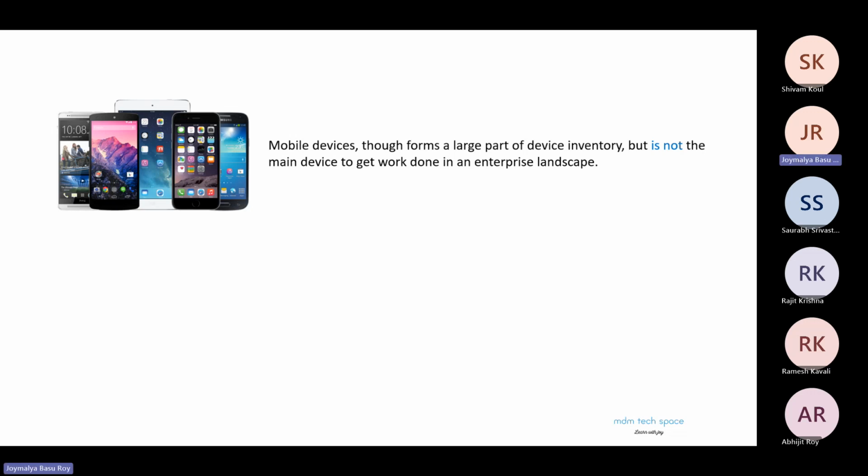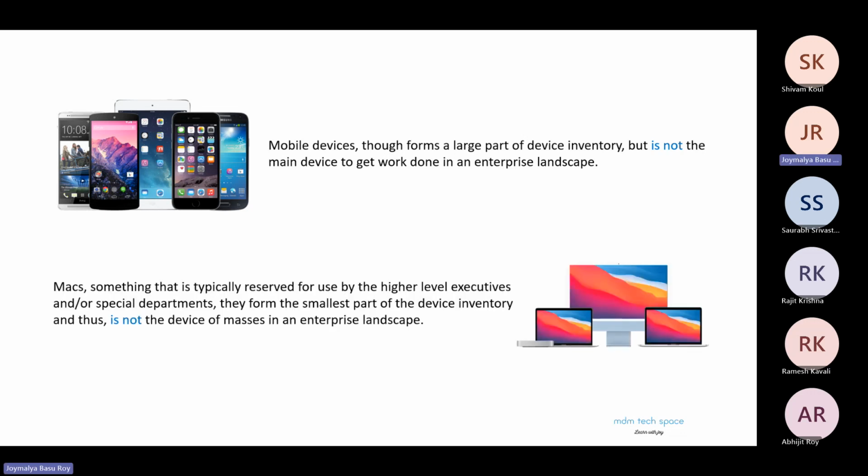फर्दर ये भी प्रूव्ड है कि एक एनवायरनमेंट में कितने भी बड़ा एनवायरनमेंट ले लो, मोबाइल डिवाइसेस आर नॉट द मेन ड्राइवर ऑफ वर्क. हो सकता है एनवायरनमेंट में 20,000 30,000 50,000 मोबाइल डिवाइसेस है, बट दे आर ओनली सेकेंडरी डिवाइसेस. सिमिलरली मैक्स भी अगर है हम लोग के पास, तो that is typically reserved for either the C-level executives or special departments, जो कि they form a very small percentage of the device inventory, maybe 0.5% or even low.